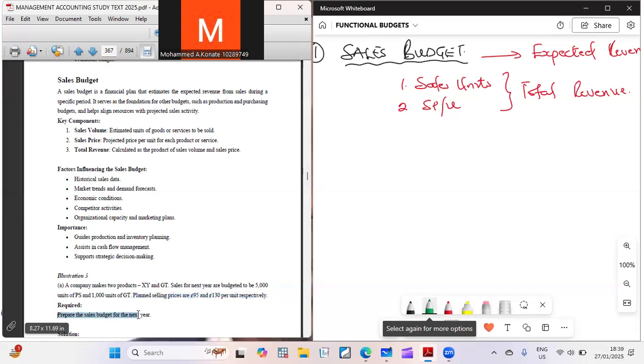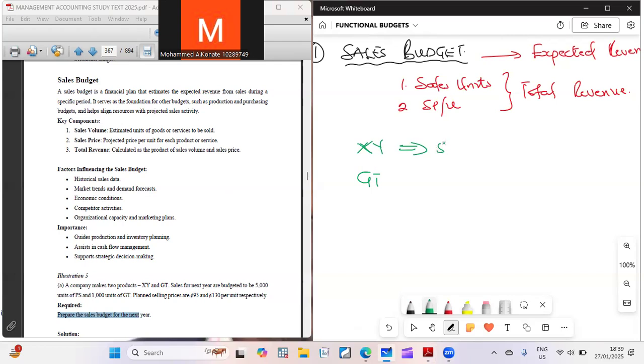So if we are to prepare the budget, what do we need? We said that we need the units and what? The price. Is that not it? So now, if we are to prepare this and we pick products XY and GT, the sales budget is simply going to be the number of units.